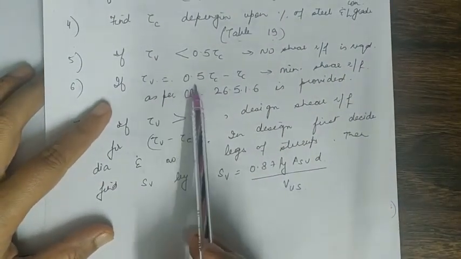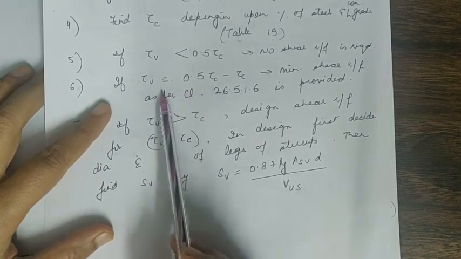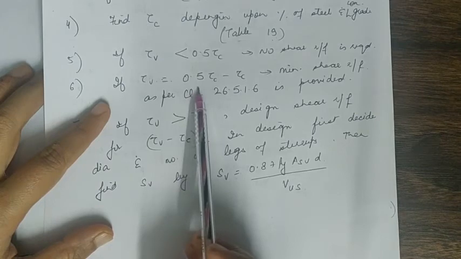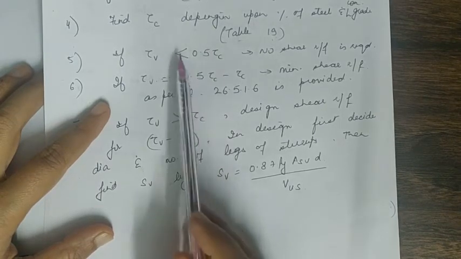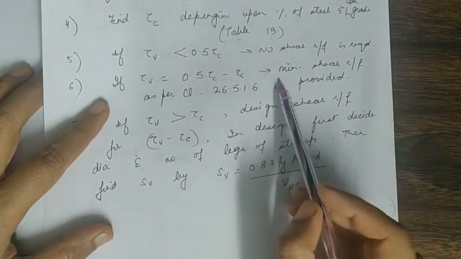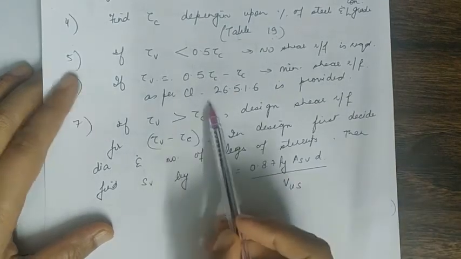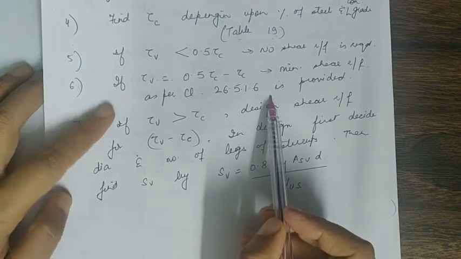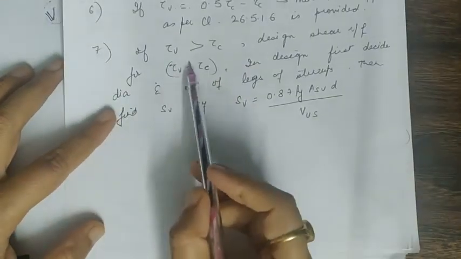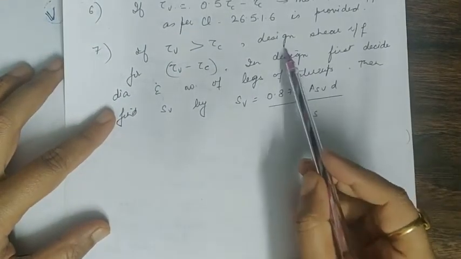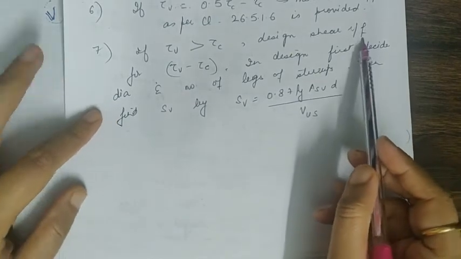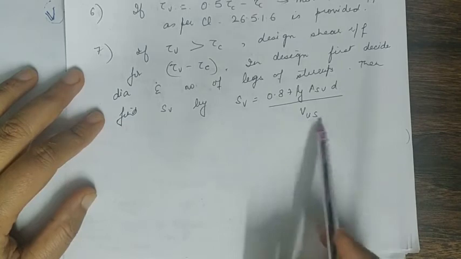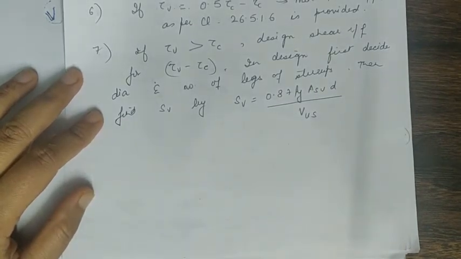If tau V is less than tau C, but it is still greater than 0.5 tau C, then you will provide minimum shear reinforcement as given in clause 26.5.1.6. If tau V is greater than tau C, then you will design the shear reinforcement. If you are providing vertical stirrups, then the spacing of that shear reinforcement will be given by this value.